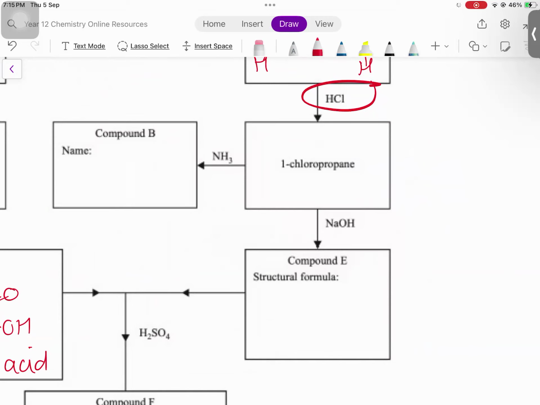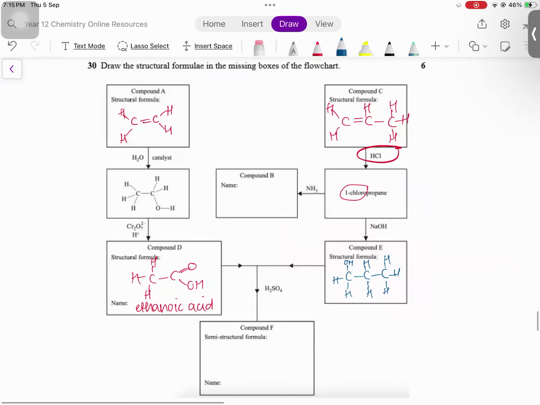So I get rid of the chlorine and I replace it with an OH. So originally it would have been this. Now I just get rid of the chlorine and I put an OH there instead. Right. So I've got compound E now.